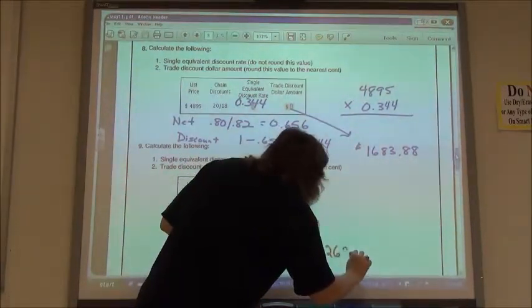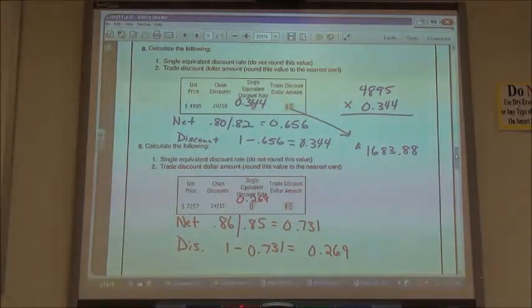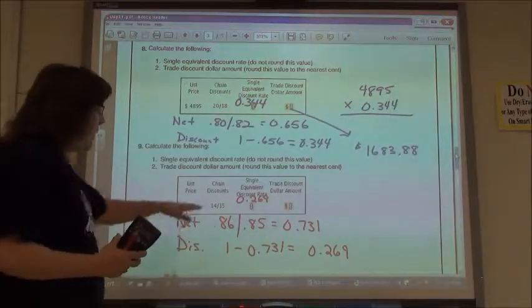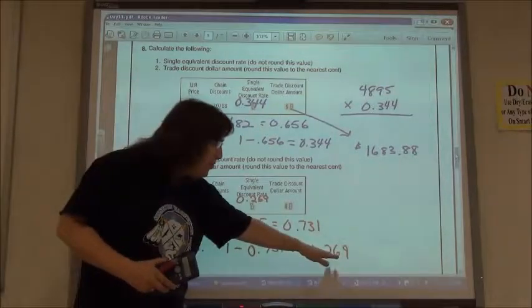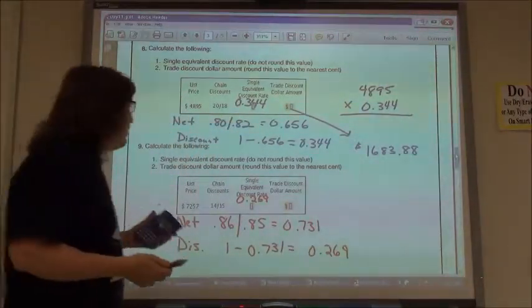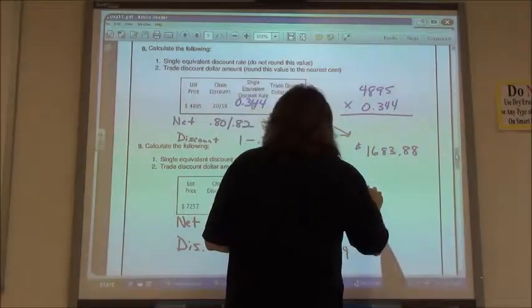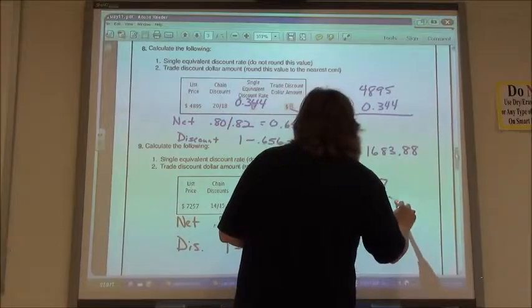And since we're using it in a calculation, they don't change it back into a percent, but that's really what that means, is that I'm getting a 26.9% discount. If I have 14% off and then I get an additional 15% off, I'm really ending up with 26.9% off. I want to find my trade discount dollar amount, $72.57 times my 0.269.